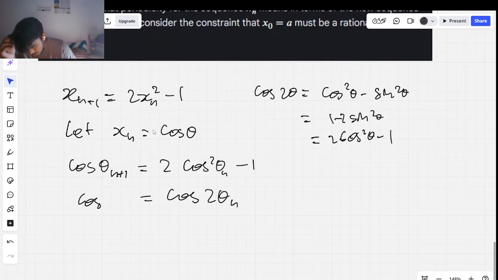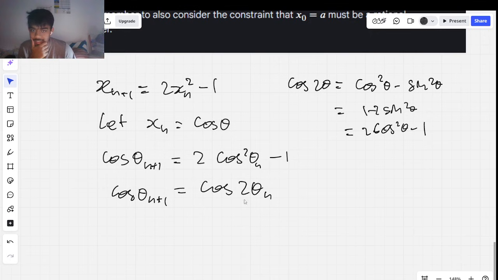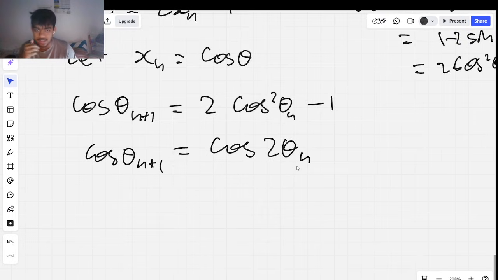So cos theta_{n+1} is equal to this. That's very interesting. That's a massive hint, very helpful.